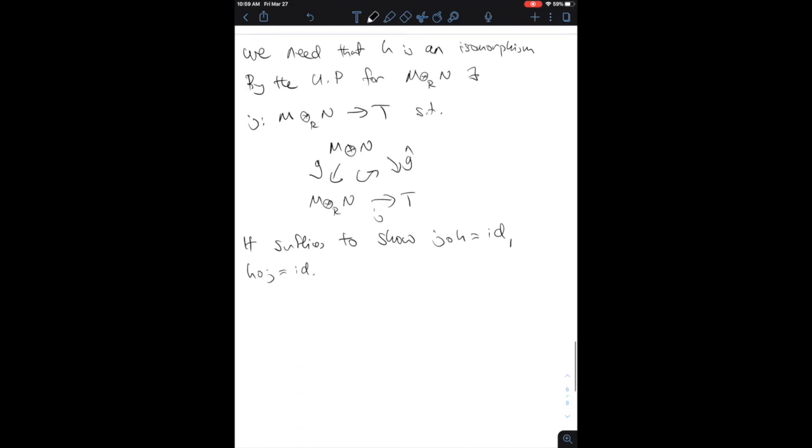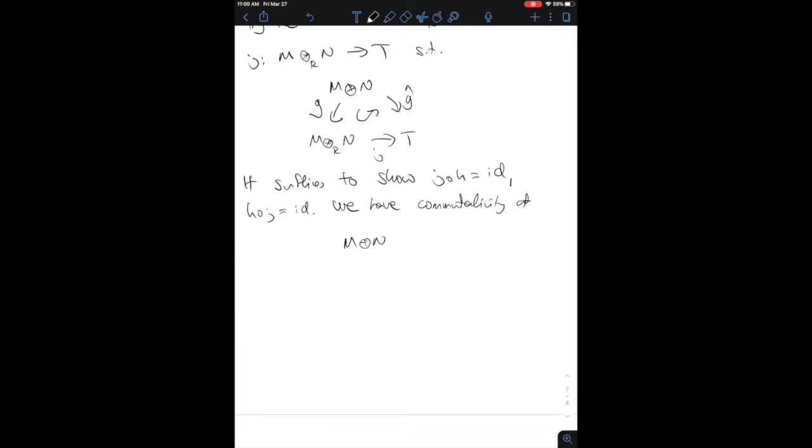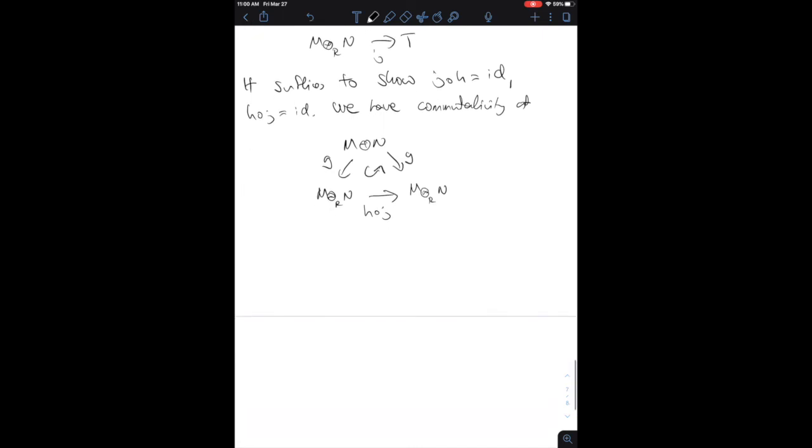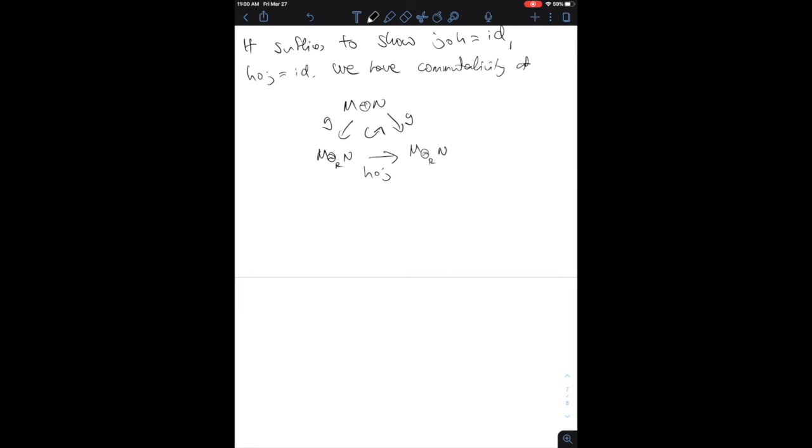So if I put these two commutative triangles together, we have commutativity of M plus N, M tensor N, M tensor N, G, H composed with J. Okay, but of course, since two of these sides of a triangle are just the same map G, one also fits into this diagram.